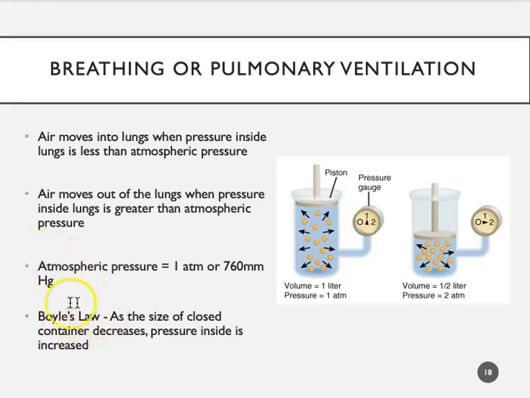And this holds with something called Boyle's law, which says as the size of a closed container decreases, the pressure inside increases. So as your chest cavity gets smaller, the pressure increases and you breathe out. And that's what this image here is showing you. You can see this piston pushing down on these fluids and particles, and as that volume decreases, the pressure proportionally increases.